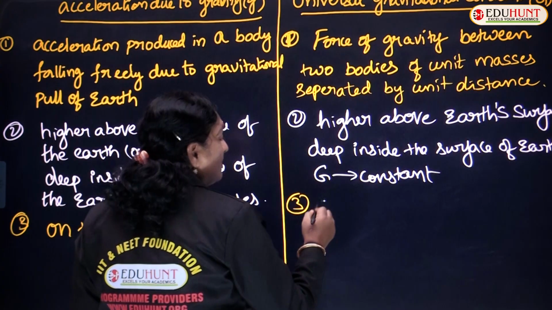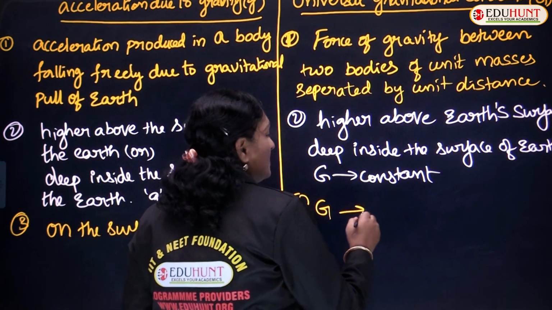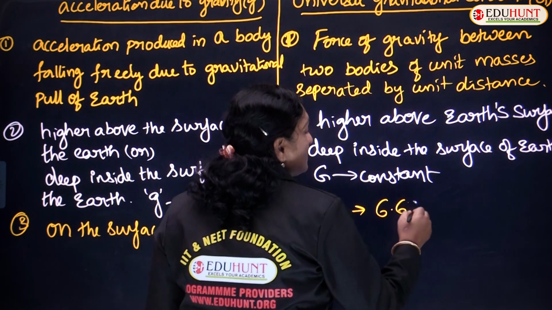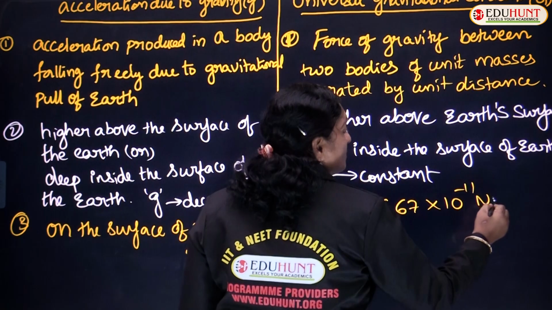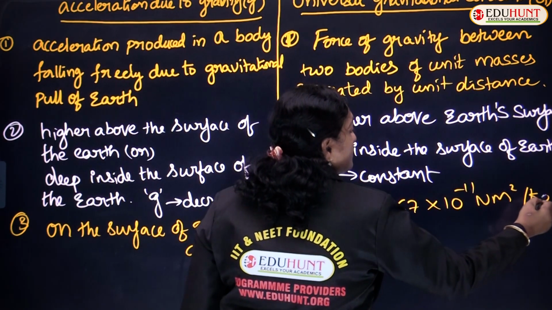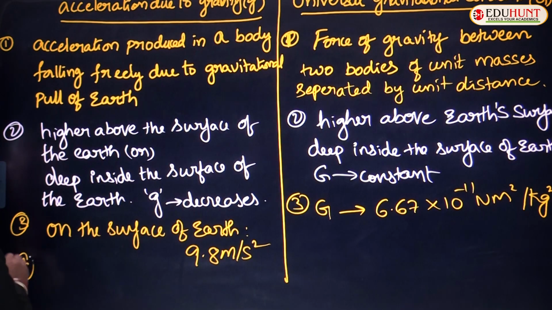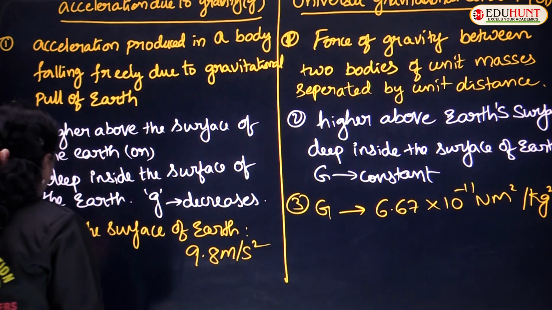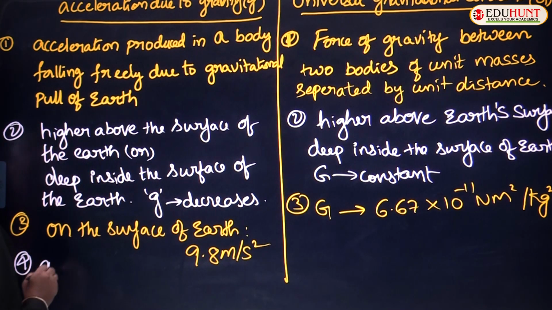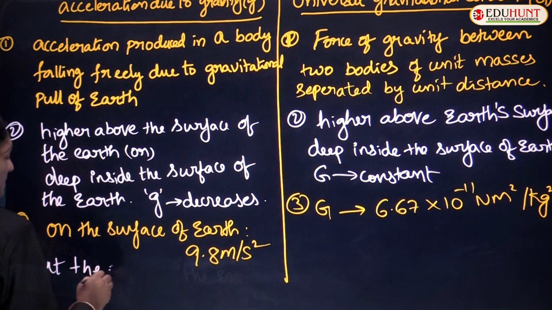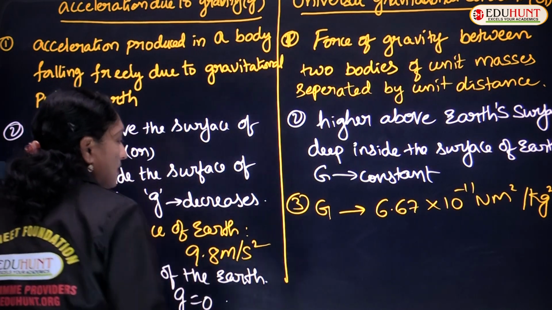Whereas the value of capital G remains constant anywhere in the universe and its value is 6.673 into 10 power minus 11 Newton meter square per kg square. At the center of the earth, the value of small g is 0.